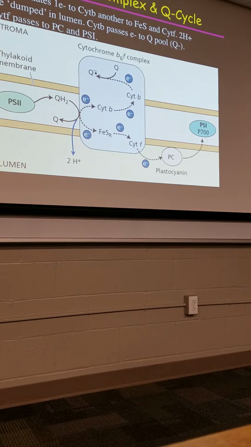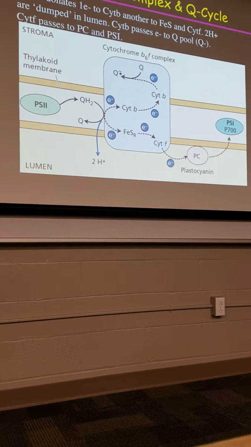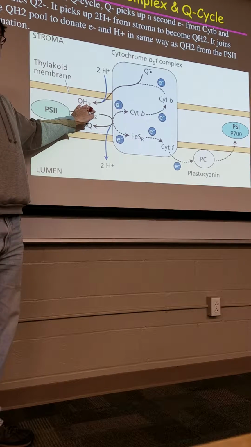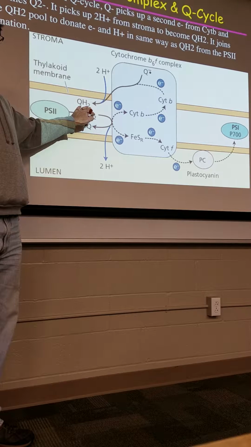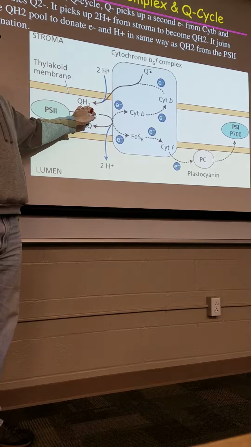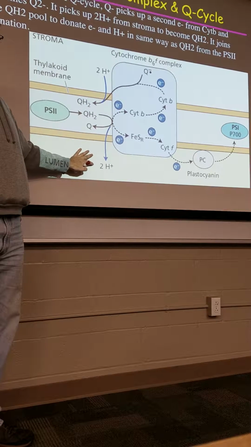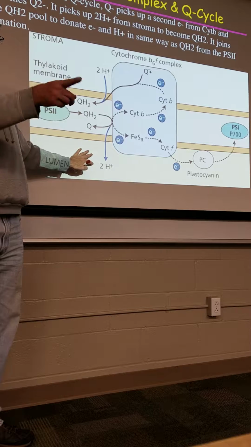This one here, we get quinone reduced to semiquinone, and the semiquinone, when it receives a 2nd electron, it generates plastoquinone. And it's moving the hydrogens from the stroma into the thylakoid lumen. Yes. Essentially. So we're concentrating protons in the thylakoid lumen.